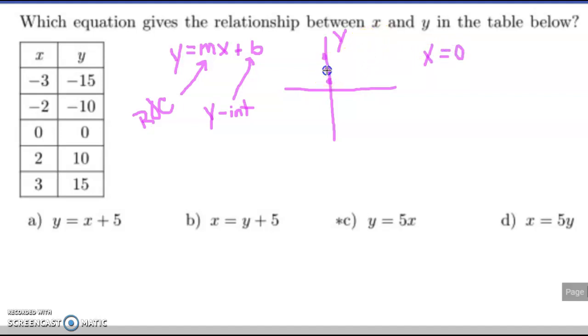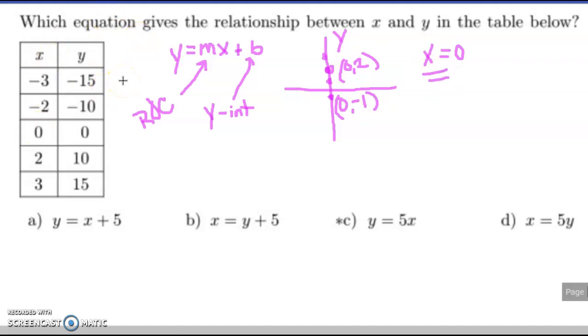So if I were at this point here, that point would be (0, 2). If I was at the point down here, one below the origin, this would be (0, -1). So remember, your y-intercept is always when the x value is 0.